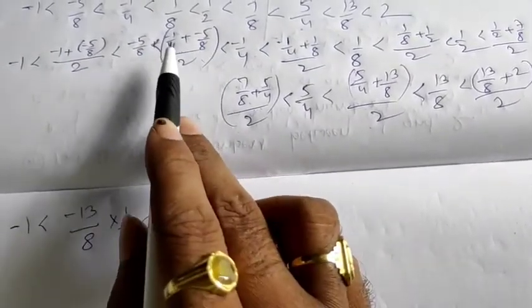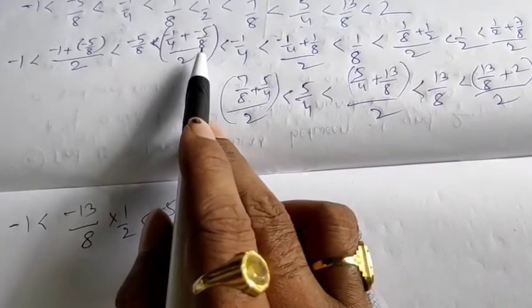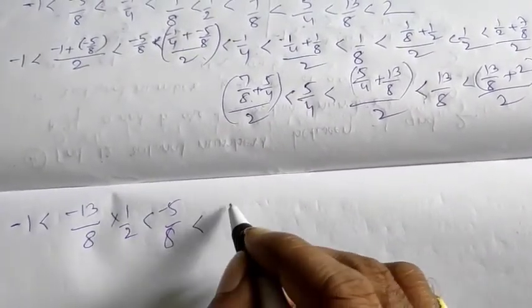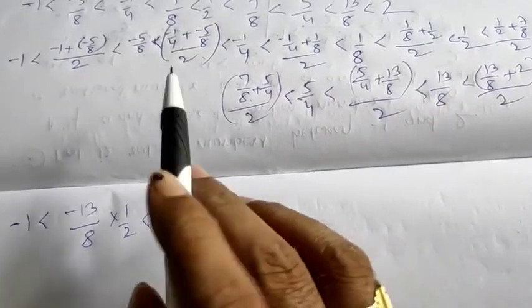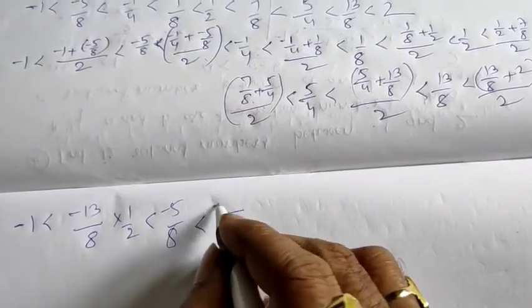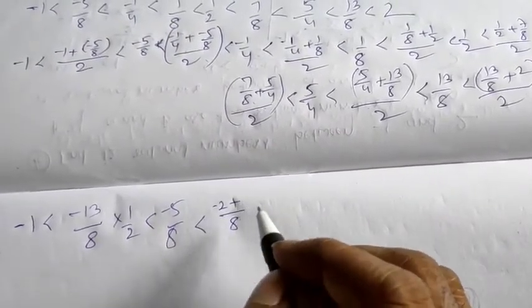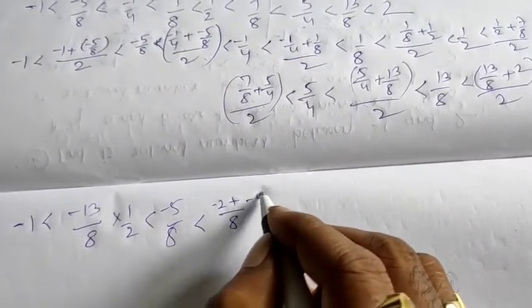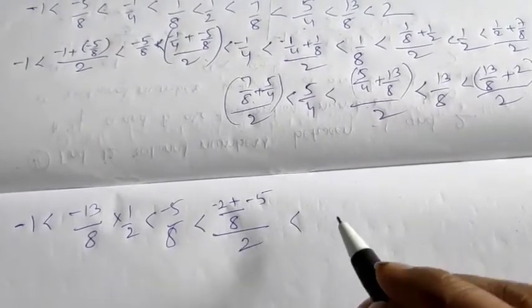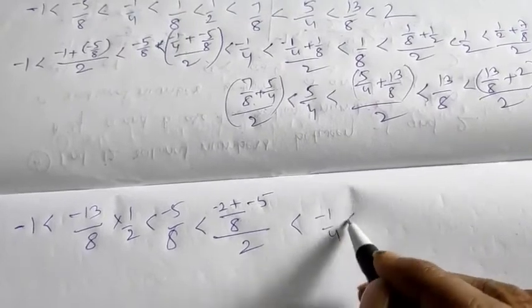And the next, minus 1 by 4 plus minus 5 by 8, the LCM is 8 itself. Here 4 divides 8 2 times, so minus 1 into 2 is minus 2, plus 8 divides 8 1 time, so minus 5, whole by 2, less than minus 1 by 4 as it is, less than.